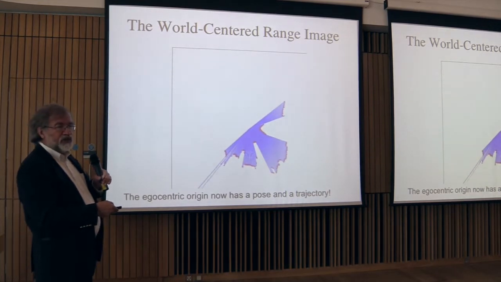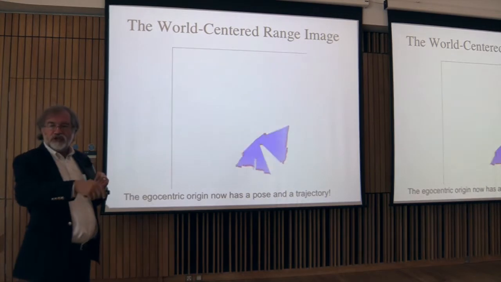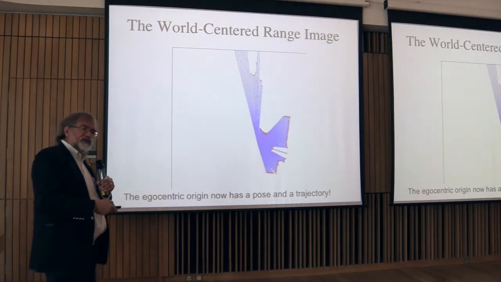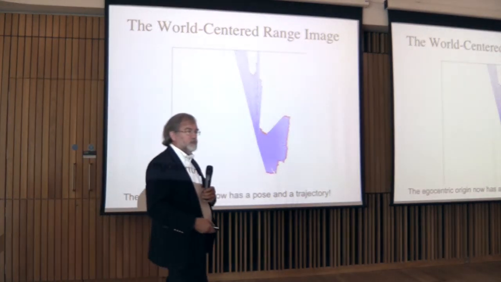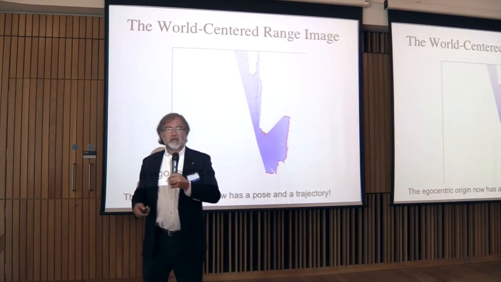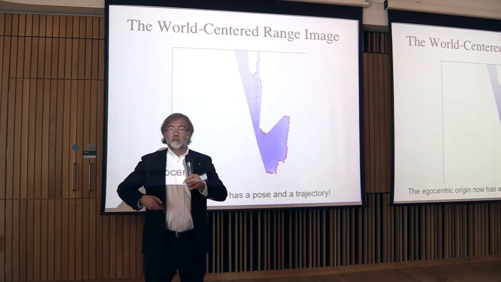It has a position and an orientation that change in time, so it has a trajectory through the world. So we've added something new to the representation. And that something is a representation of where the robot is, of the robot's own egocentric point of view.